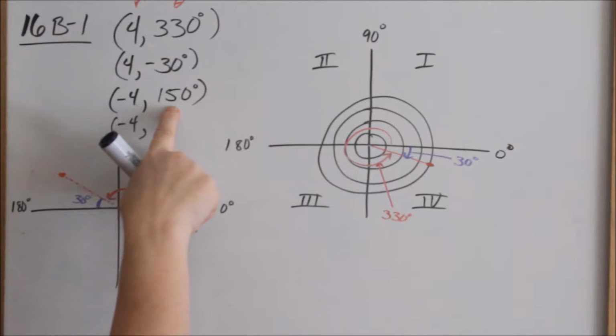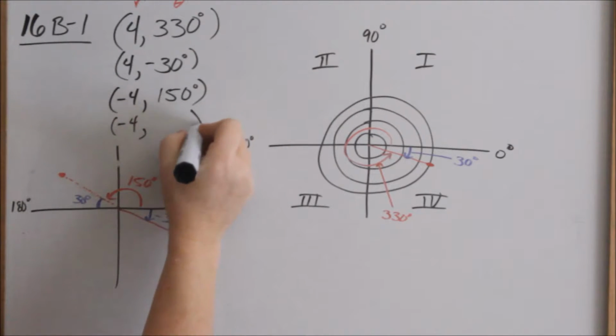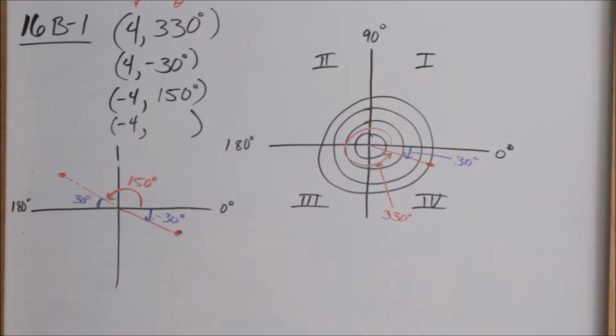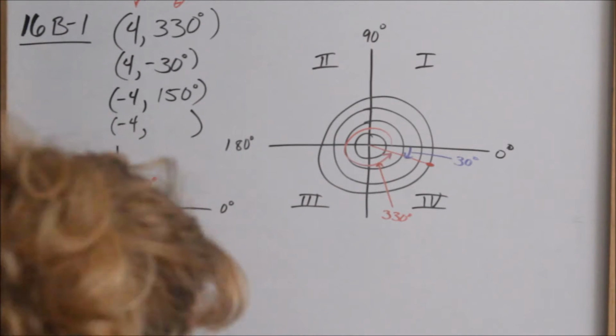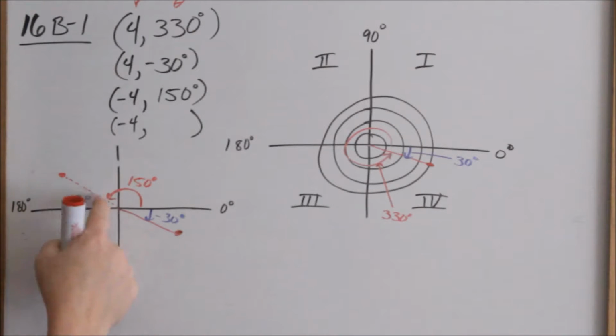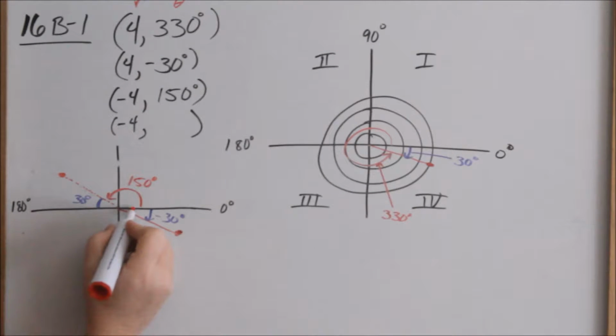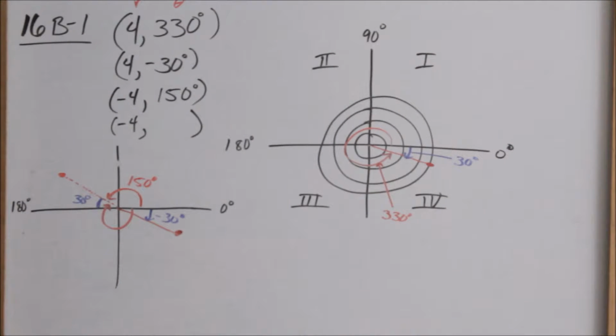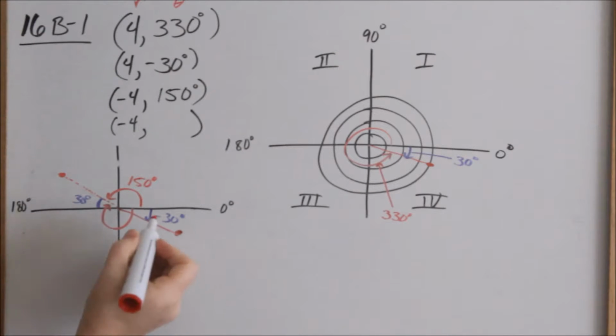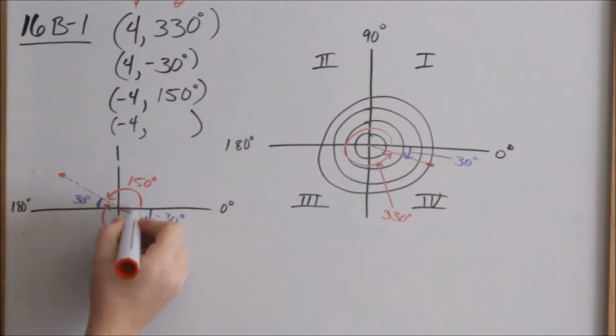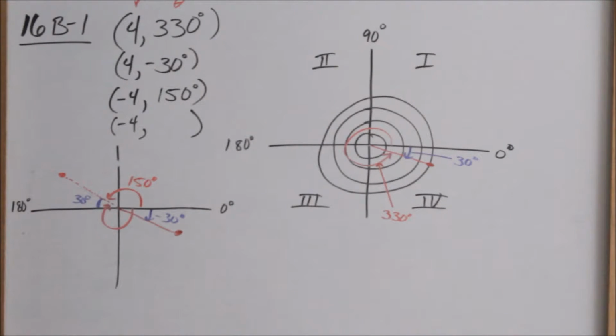Here we looked at the counterclockwise angle. Now for this one, we can do the clockwise angle. So now we're not looking at the 150, we are now looking at that one going that way. Okay, so if that is 150, what is this angle? It would be the other side of the circle, 360 minus 150.